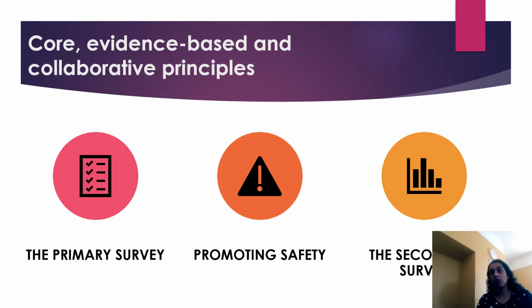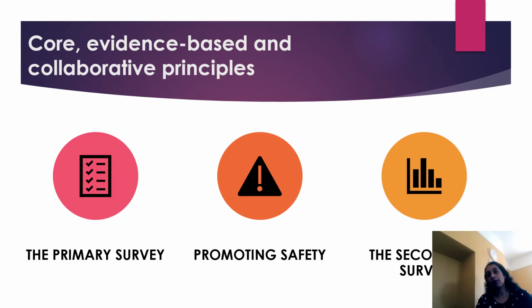As I told in the previous slide, the assessment is divided mainly into three. First is the primary assessment or the primary survey. Once you enter the patient room, or once you start your treatment, or at the beginning of the shift, what all things are you supposed to do as a primary survey?